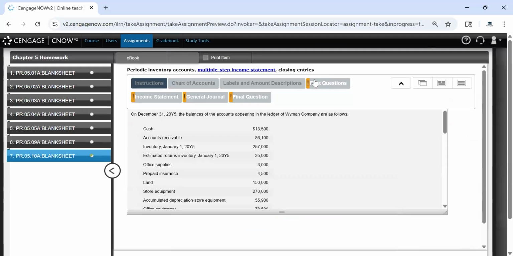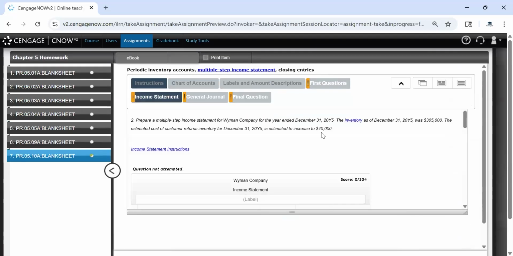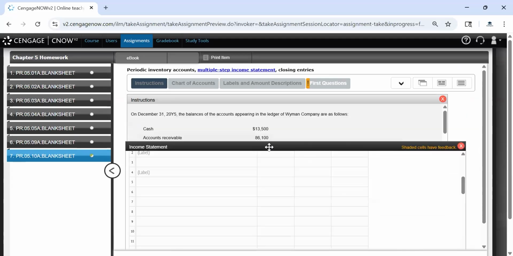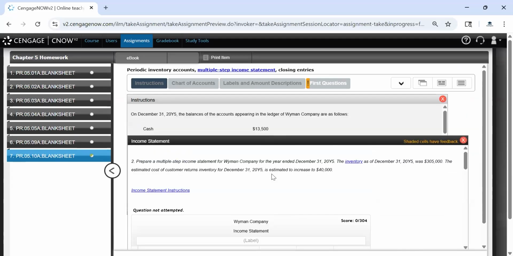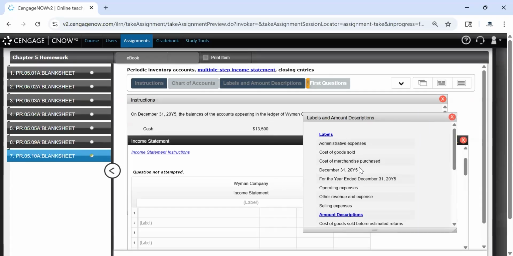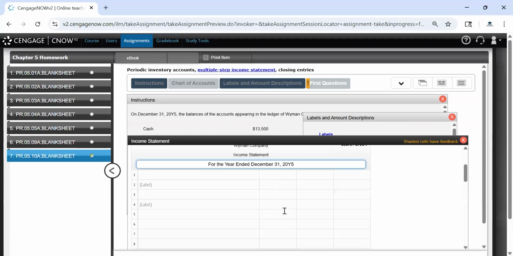Now to start building our income statement. We pull up our account labels and descriptions. The income statement is for the year ended December 31st, 2025.